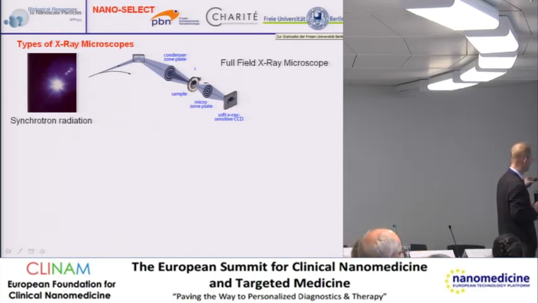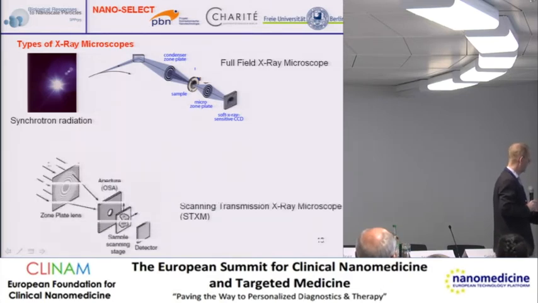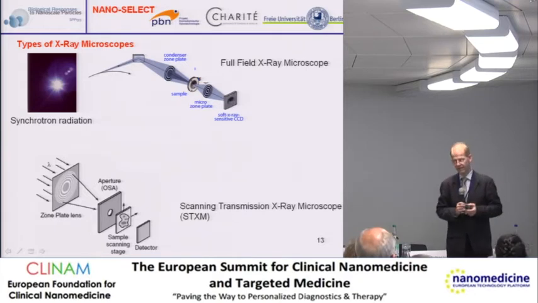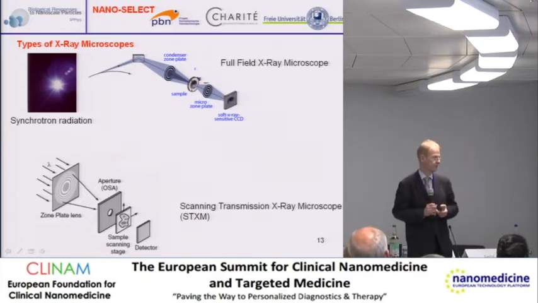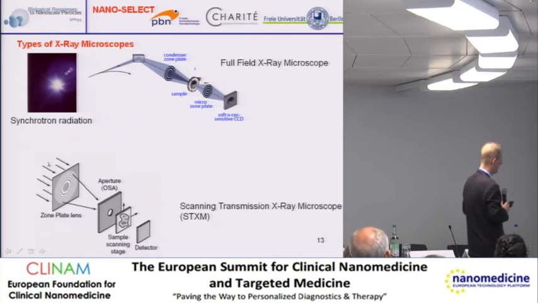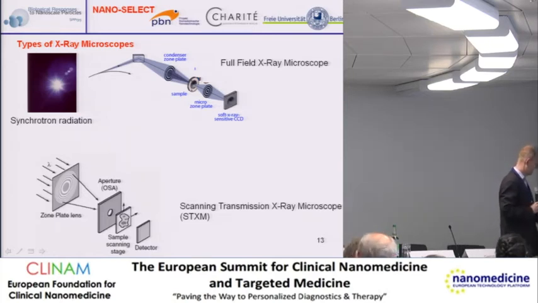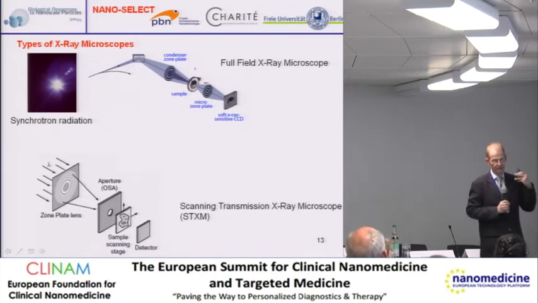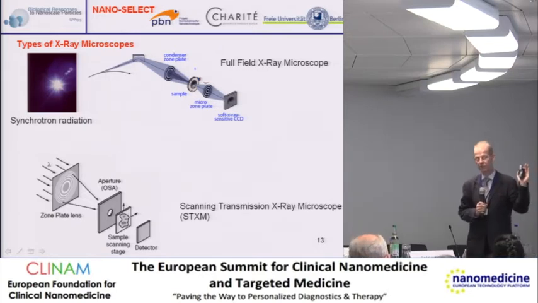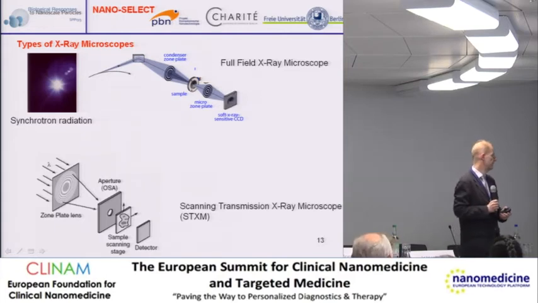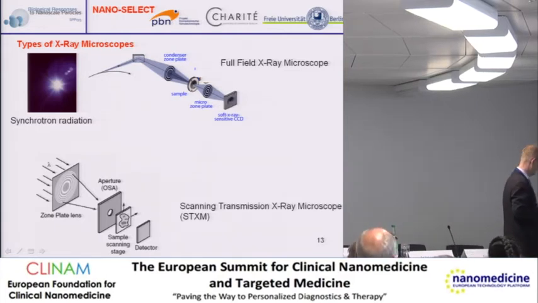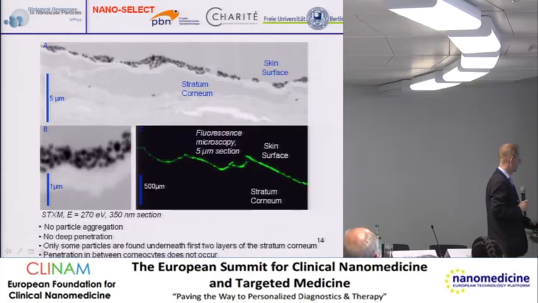This requires synchrotron radiation, where the radiation is focused onto the sample by a Fresnel zone plate and then imaged on a detector, or as a variant, the scanning X-ray microscopes may be used, where the sample is scanned just by a piezo scanner. The important part is that the tunability of synchrotron radiation gives rise to chemical specificity due to molecular transitions, so that we know exactly what is excited.